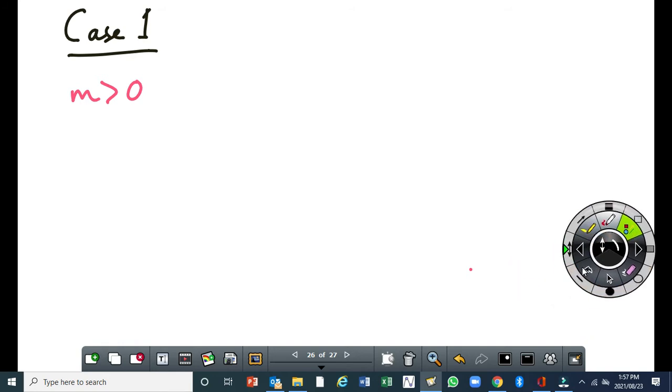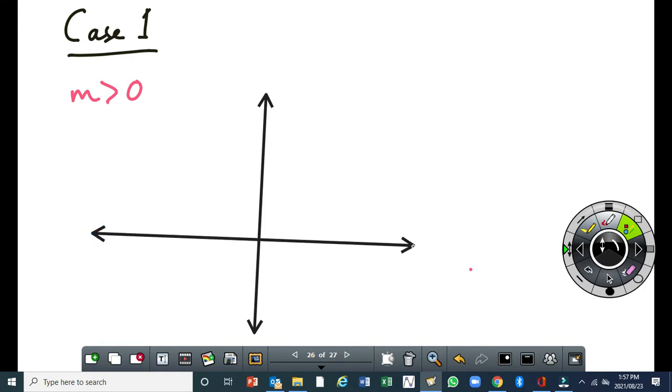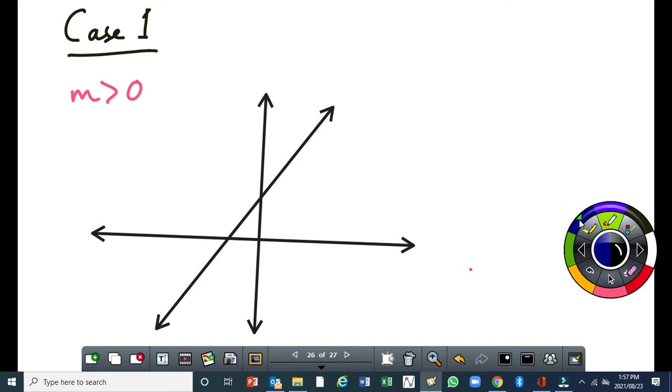Right? So what happens is this. If you have a straight line, say, let me draw it like this. If I have a straight line like that, this angle here is called the angle of inclination.